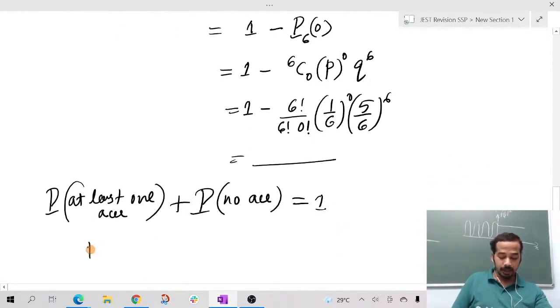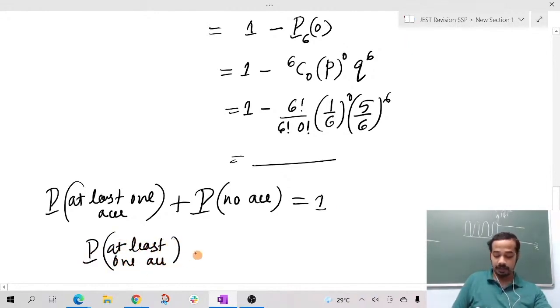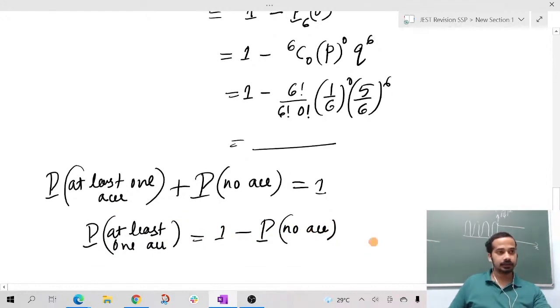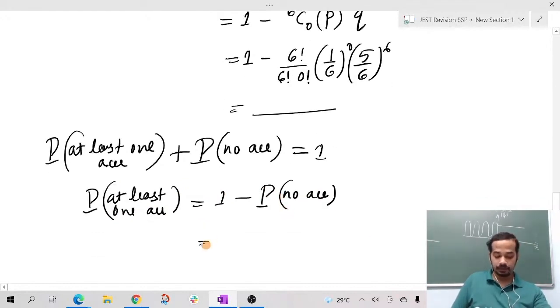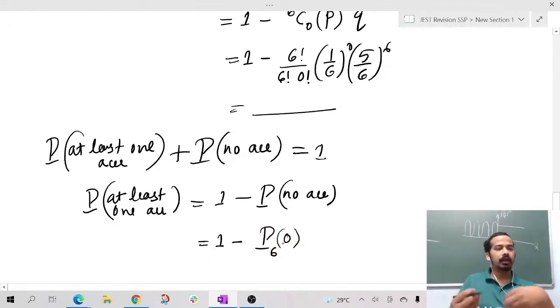That's why probability of getting at least one six can be written as 1 minus probability of getting no six. Can I write like this? Now you know this one. 1 minus, after 6 trials, 0 is, you can quickly substitute this also. This is a logical step actually.